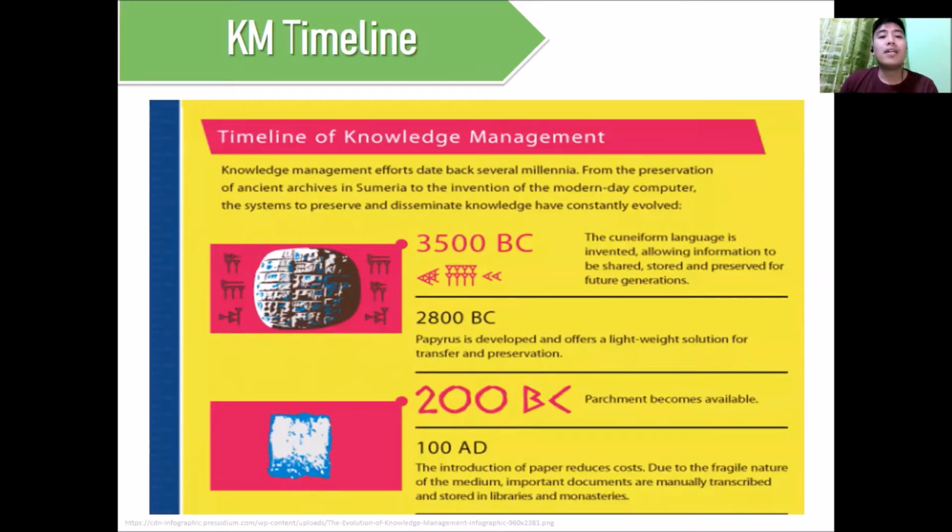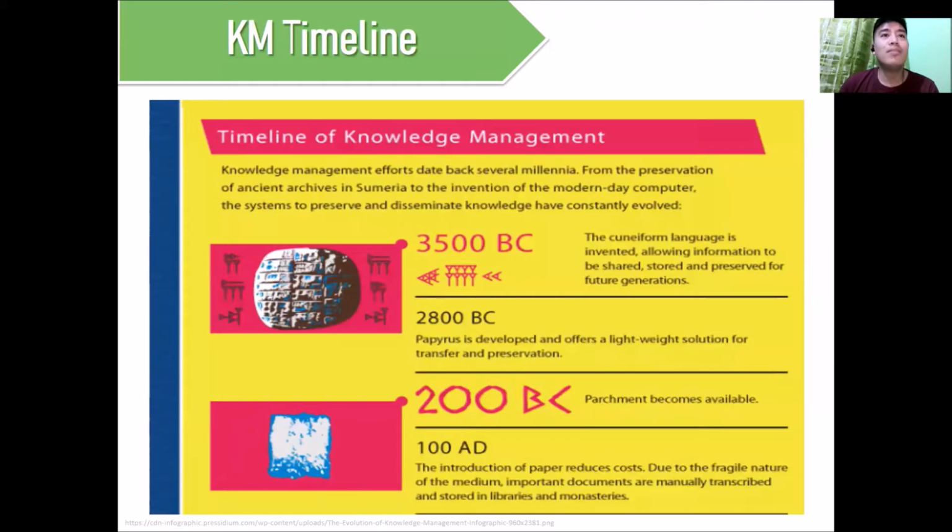Way back in 3500 BC, the cuneiform language was invented, allowing information to be shared, stored, and preserved for future generations. We already learned this in our introduction or foundation of library and information science. So that's one of the ways of documenting, through the cuneiform language.